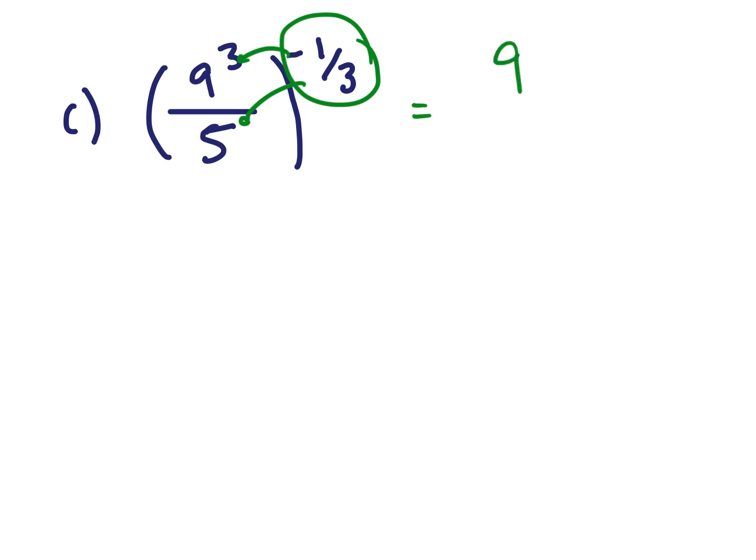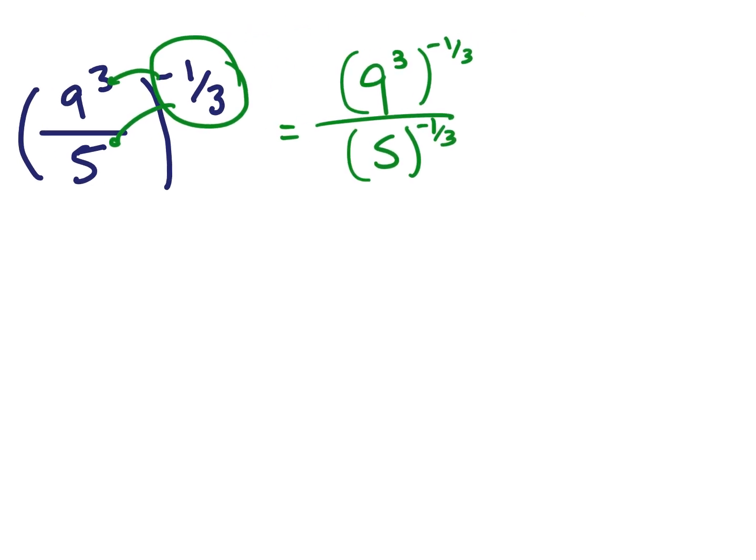So this would be 9 to the power of 3 to the power of negative 1/3 and 5 to the power of negative 1/3. Well, what do we do when we have a power raised to a power? Multiply. So this turns into 9 to the power of, what is 3 times negative 1/3? Negative 1. And then on the bottom, it would just be 5 to the power of negative 1/3.